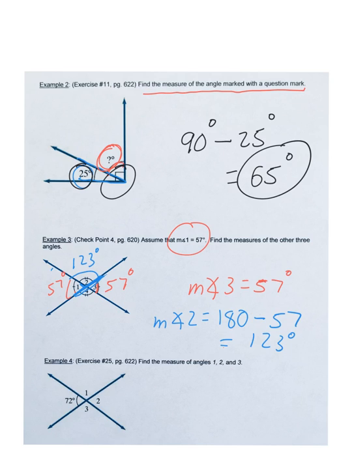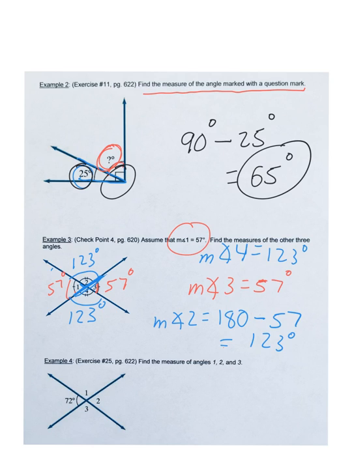I immediately thought 180 minus that adjacent angle, which is 57, gives me 123 degrees. And since vertical angles are equal, the angle across from angle 2 is angle 4. Angle 4 must also be 123 degrees. So the measure of angle 4 was also 123 degrees.